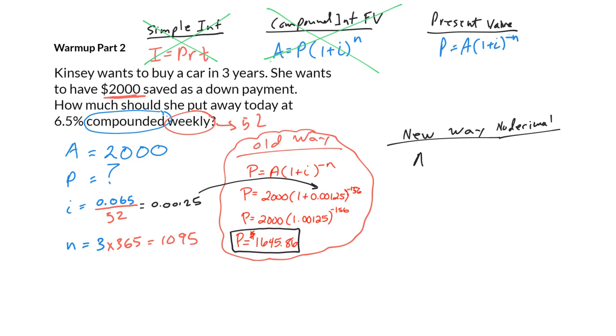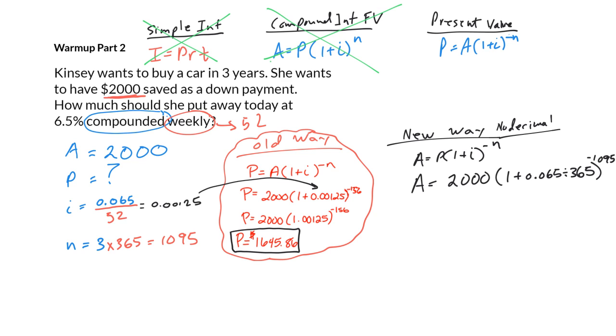So you start with A is equal to P(1 plus i) raised to the negative n. Now, we already have most of the work done. So we write A is equal to, well, 2,000 times 1 plus, well, we're going to write 0.065 divided by 52 in the brackets, raised to the negative 156.